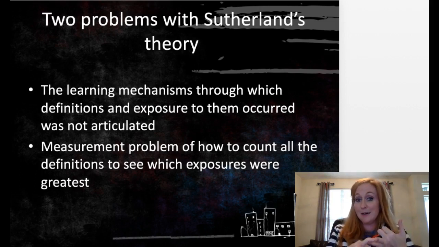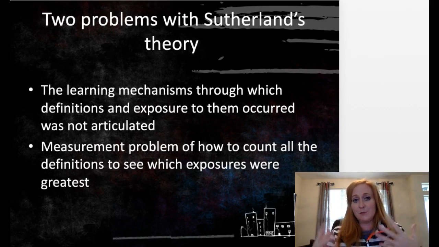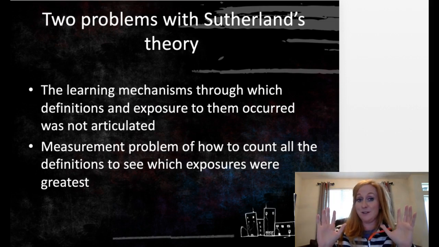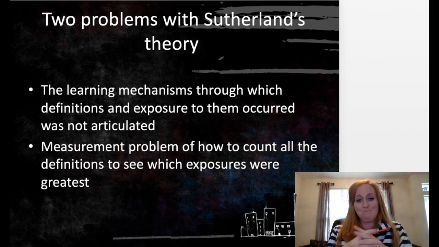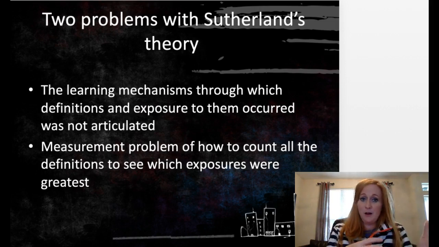Maybe they had to clean up the vomit on the floor when the parent came home slobbering away from the bar. Maybe they experienced some violence or neglect because of some of those alcoholic episodes. So they could have a lot of activity and behavior that says, I am not going to be a drinker. I don't want to get into these problems. I don't want to do it. But you could have that same person end up becoming an alcoholic, right?